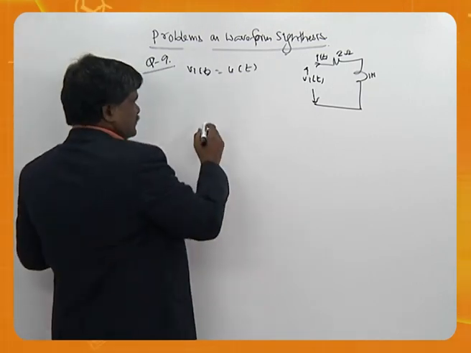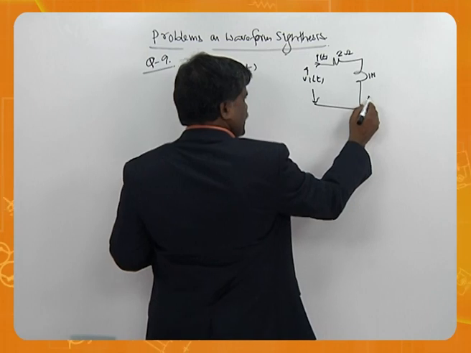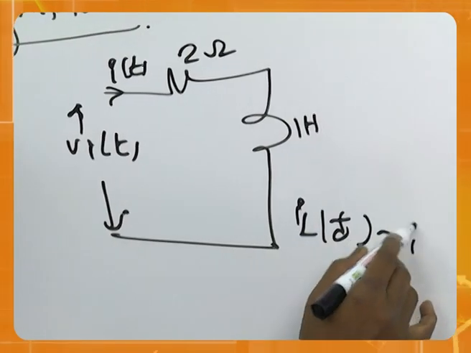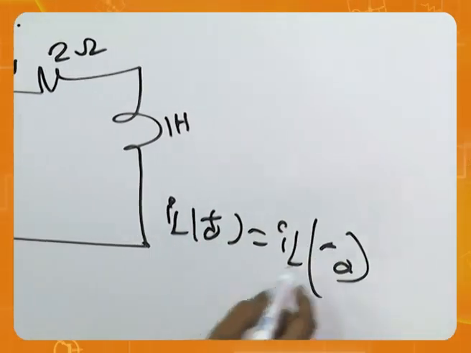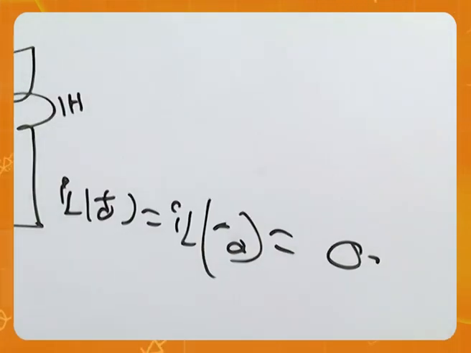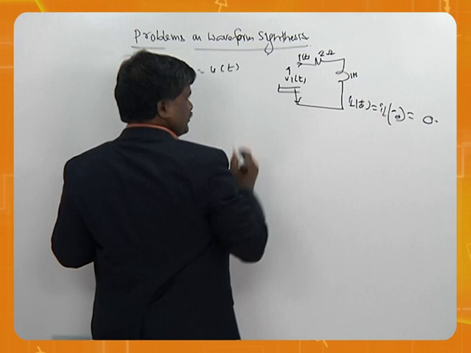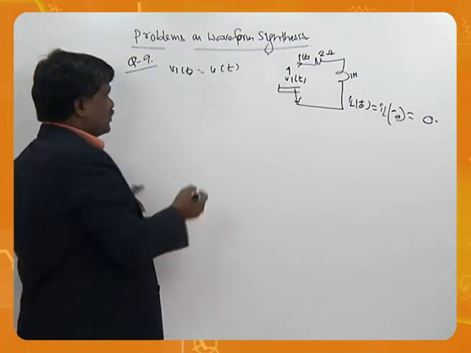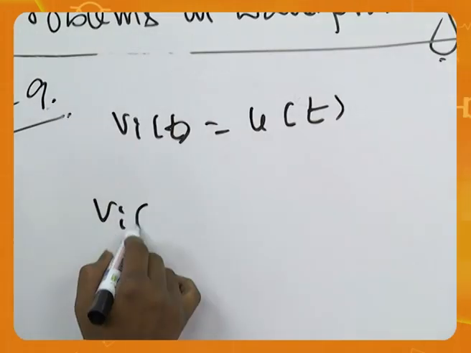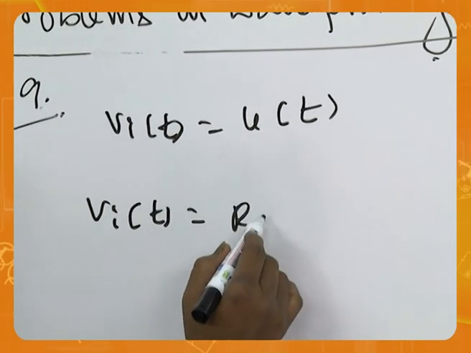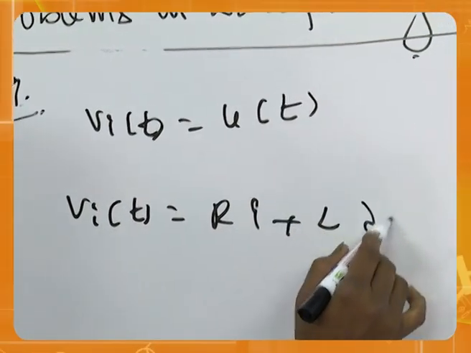Then, as we are already saying, IL of 0 plus is equal to IL of 0 minus is equal to 0. Why? Because you are giving a step. So, Vi of t is equal to Ri plus L di by dt.